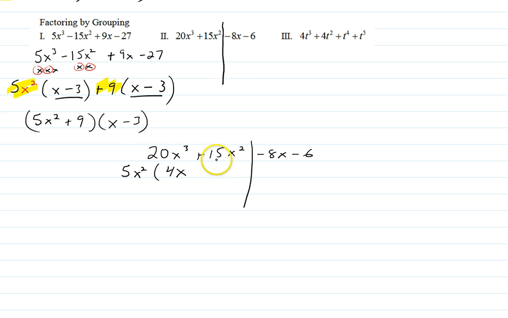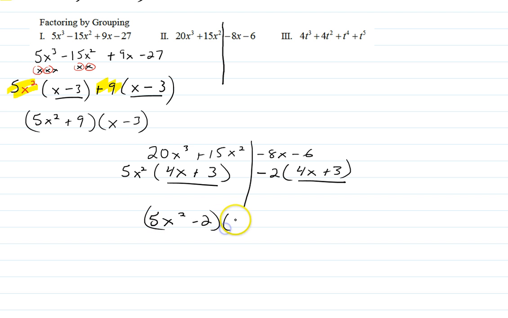And then I'm taking a 5x squared out of 15. That's going to give me 3. Now they're both negative, so that means I'm going to take a negative out, and what number goes into both of them? And so that would give me 4x plus 3. These are the same, so that means we did it right. You put it together, 5x squared minus 2 times 4x plus 3.